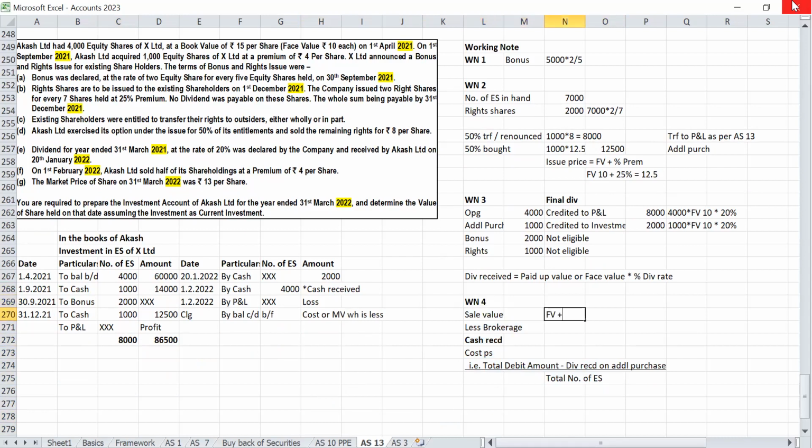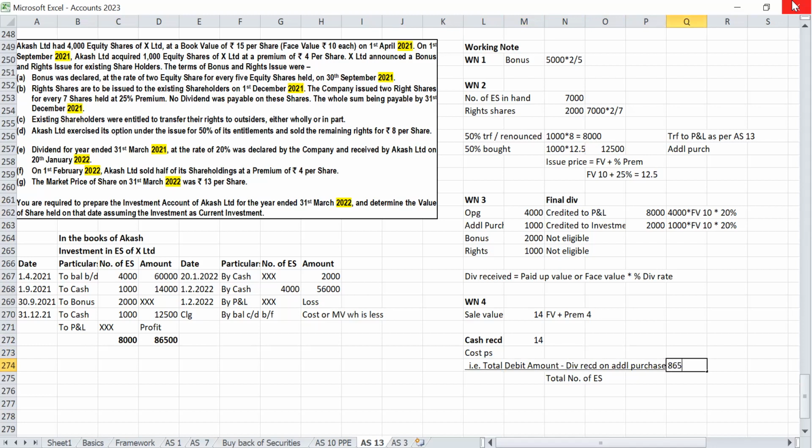Sale value is face value plus premium 4, so 14. Brokerage is not given, sir. So 4,000 into 14. No brokerage, so cash received is also 14.